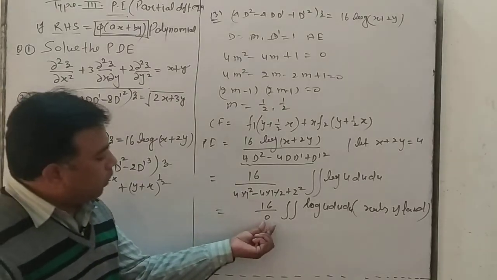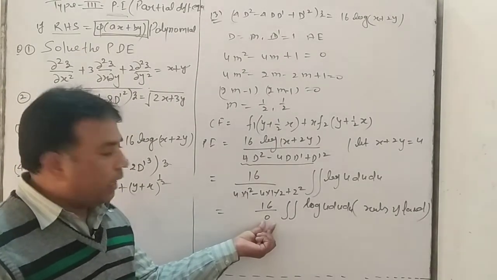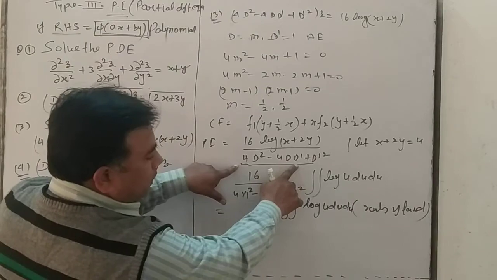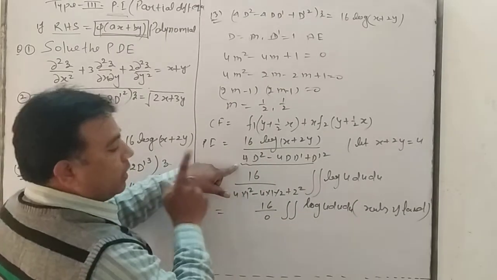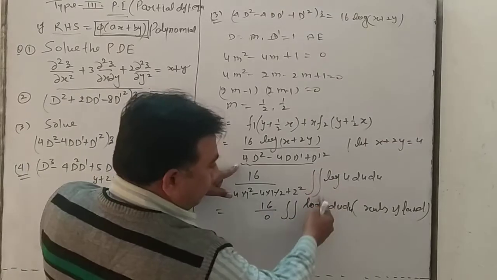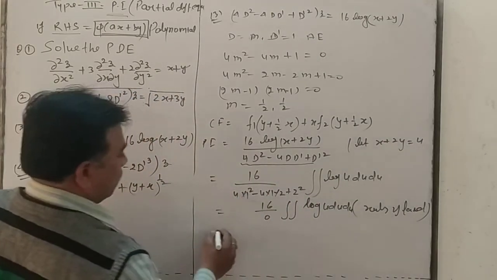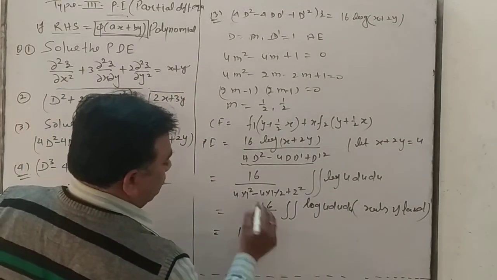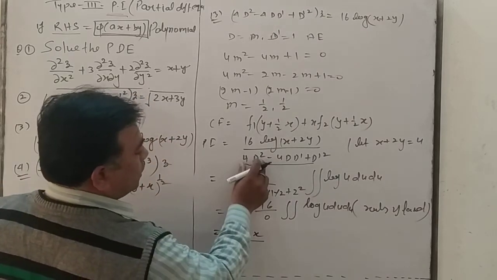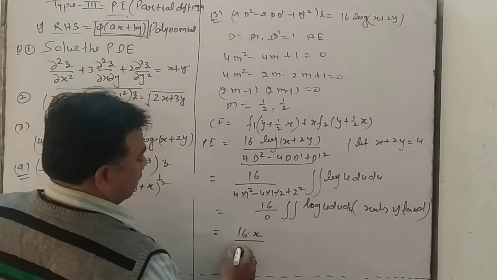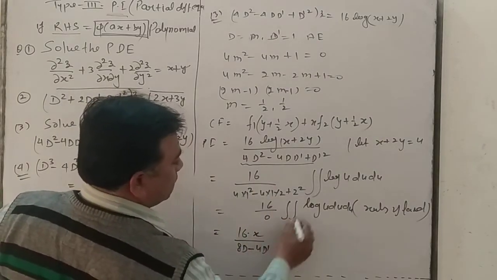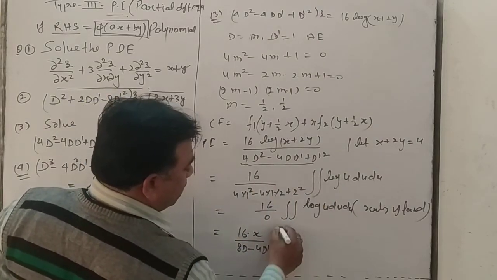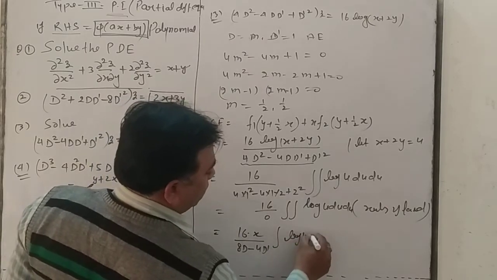There are three steps in this method. First, if the denominator is 0, then you differentiate the function with respect to D, multiply the numerator by x and eliminate one integration sign. So 16 into x upon the derivative, 8D minus 4D', and eliminate one integration sign, log u.